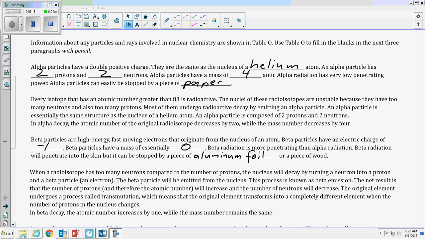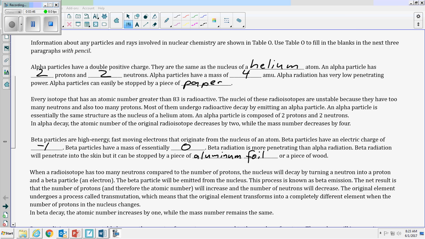And in general, the larger the mass of such a particle, the easier it is to stop it. So you need less cover to stop a larger particle because it simply interacts more with that cover. If you go down to beta particles, you need aluminum foil or a piece of wood.